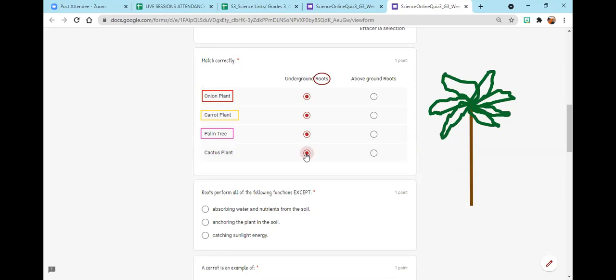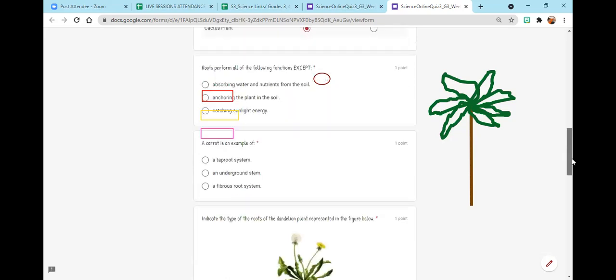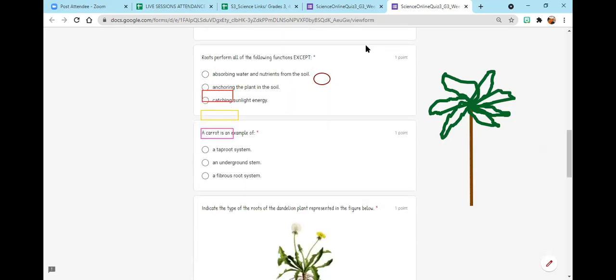Does anyone have any questions about this? No questions. Roots do all of these functions except one, so there is something that roots do not do.